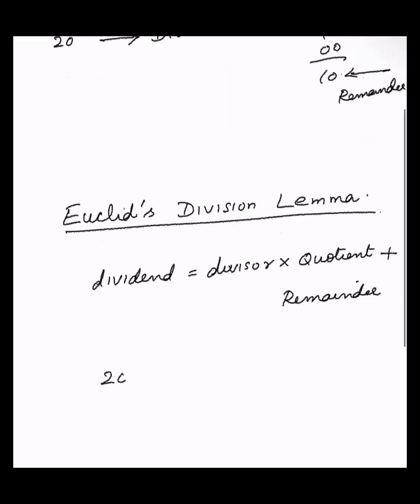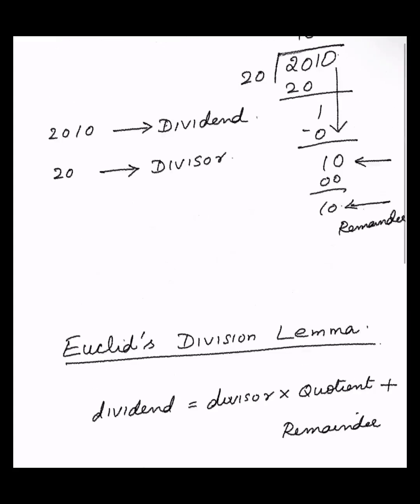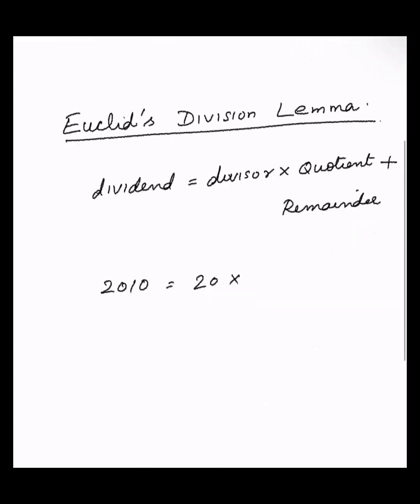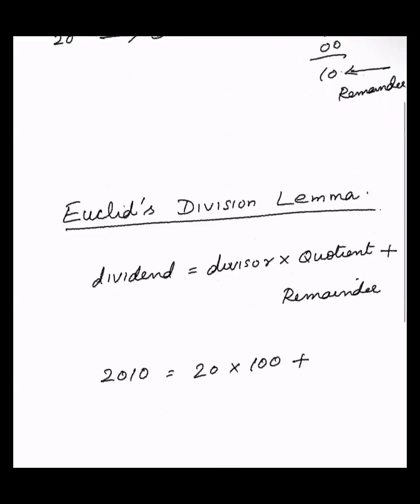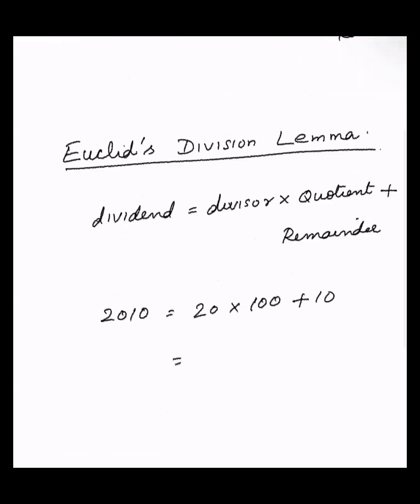Take the example: 2010 is equal to, what was the divisor? 20 was the divisor. 20 into, what is our quotient? Our quotient is 100, plus remainder. What is the remainder? The remainder is 10. So are we getting 2010? We are, right? So this is what Euclid's division lemma talks about.